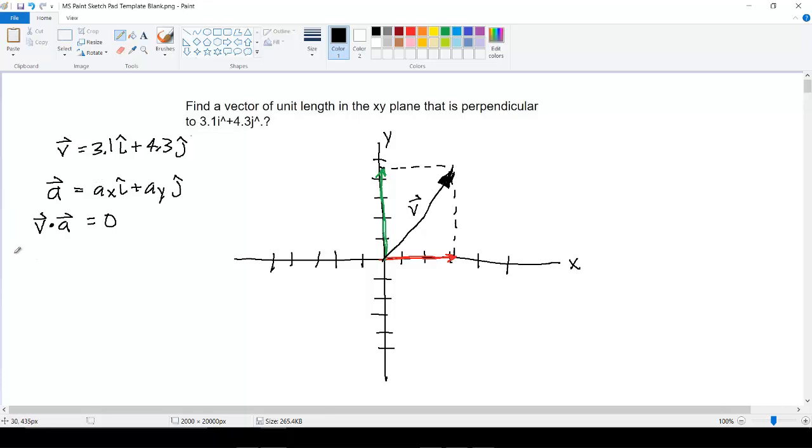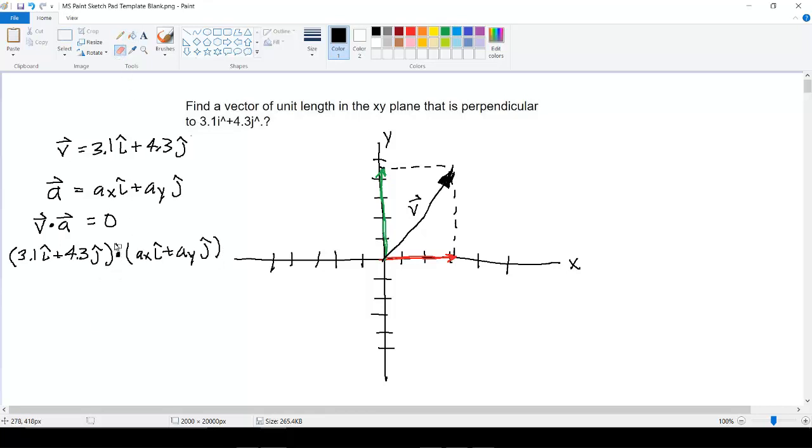So let's carry out that dot multiplication. Vector v is 3.1 i hat plus 4.3 j hat. That will then be dotted with Ax i hat plus Ay j hat.